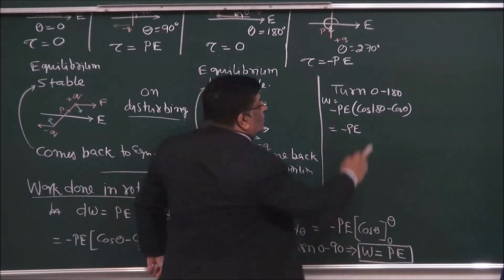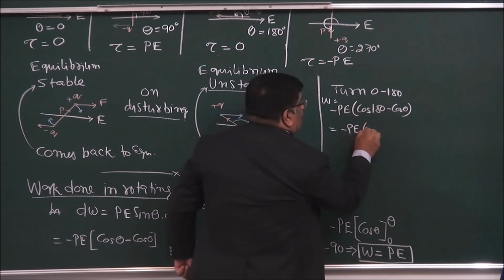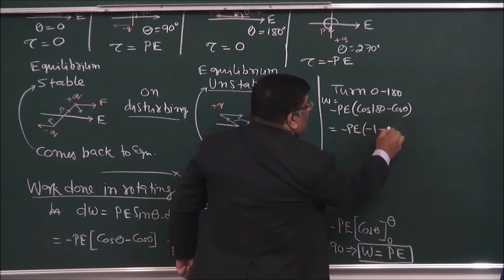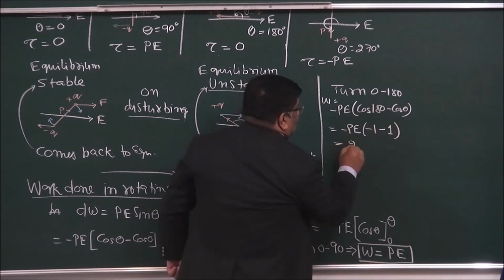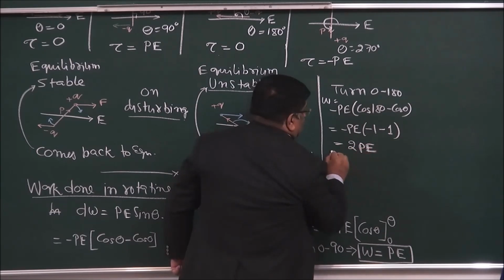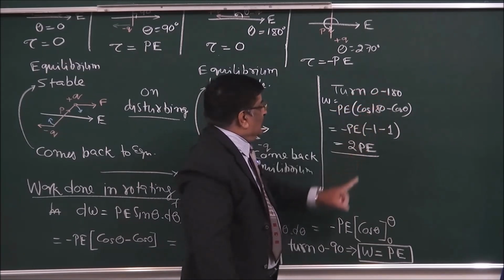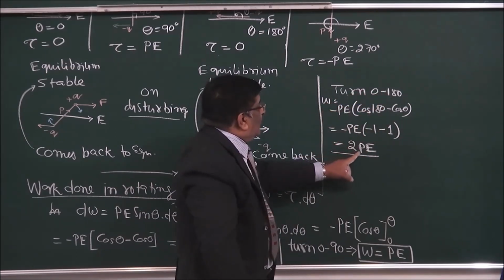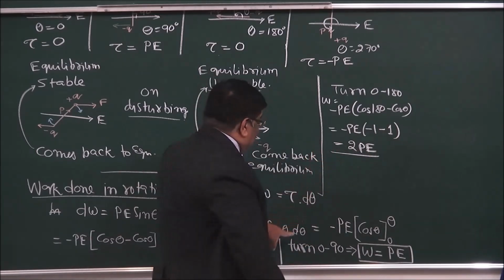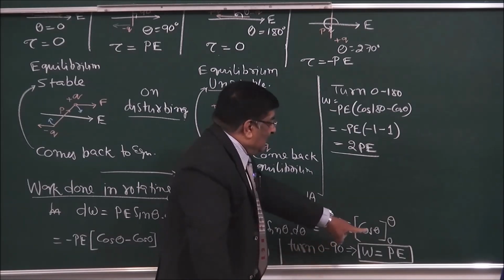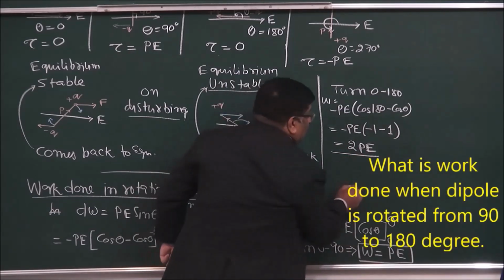Cos 0 is equal to 1 and cos 180 is equal to minus 1. So this is minus 1 minus plus 1, which is equal to minus 2, and with the minus sign it makes 2PE. So when we turn a dipole from 0 to 180 degree, how much work has to be done? The work has to be done is 2PE. When we turn it from 0 to 90 degree, the work done is PE. When we turn it 0 to 180, the work done is 2PE.